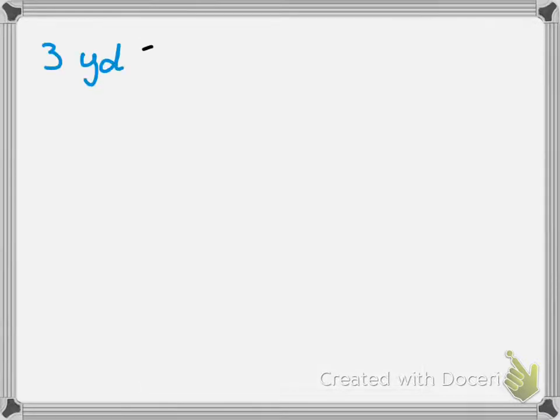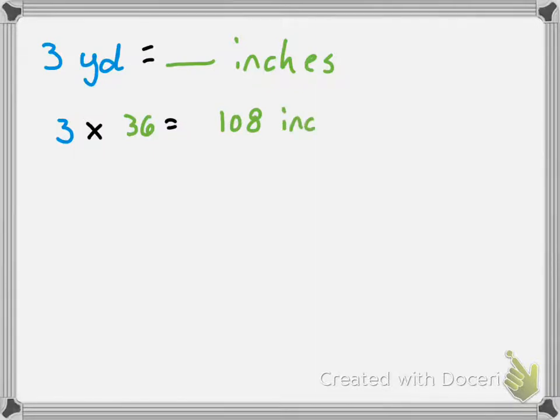All right, so my problem of 3 yards equals how many inches? It says I need to multiply 3 yards times 36, and that will give me my inches, which is 108. So 3 yards is the same amount as 108 inches.